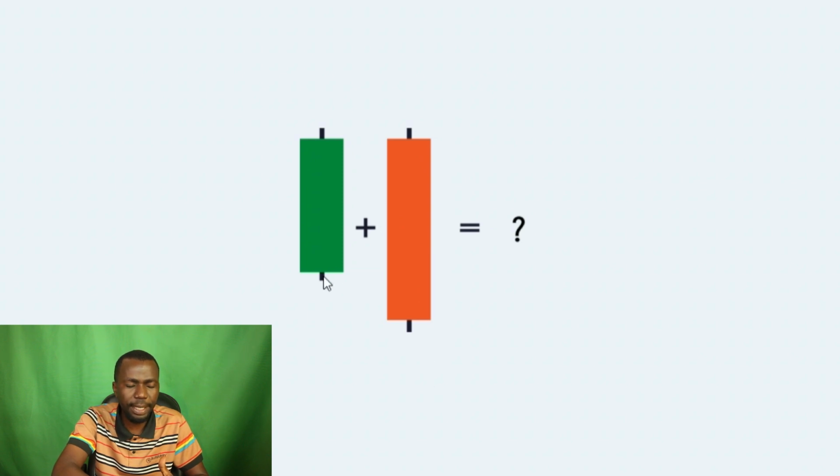Because if you clearly see, the price opened here and the buyers were able to push the price up to this point. So this point acts as a resistance level, right? Once the price closed, the sellers stepped in and were able to push the price down, which formed this red candlestick.